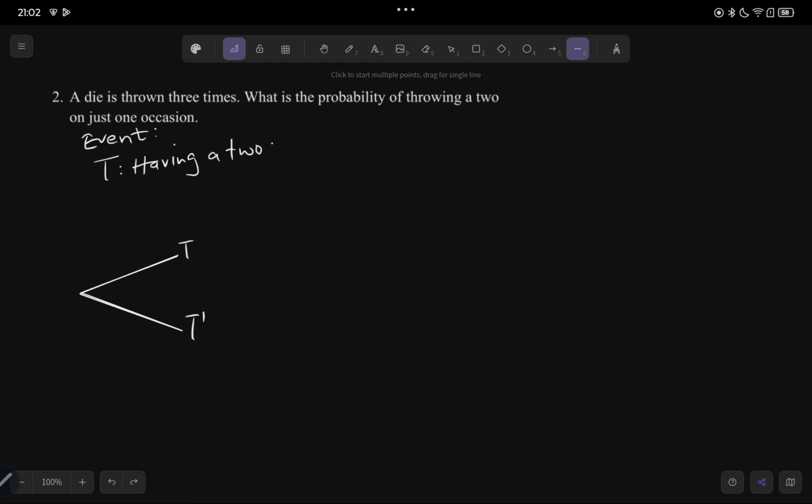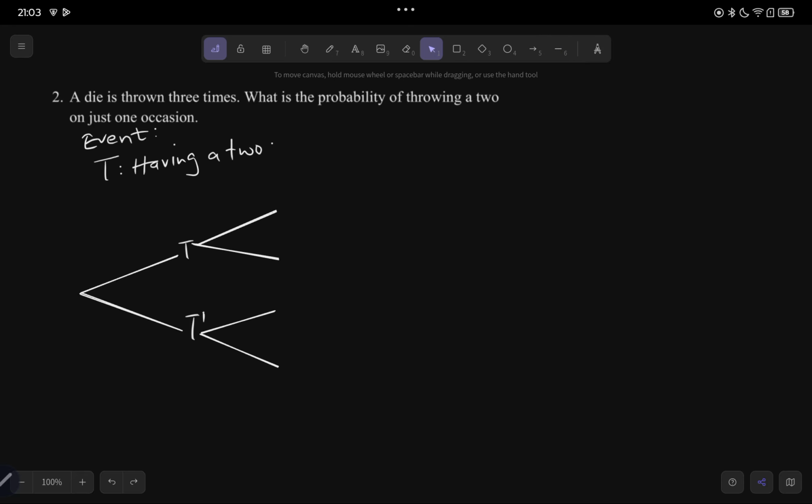Then you now go for the second throw. On the second throw, you again might get a 2, or fail to get a 2.